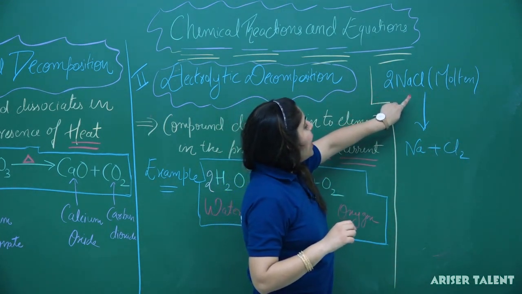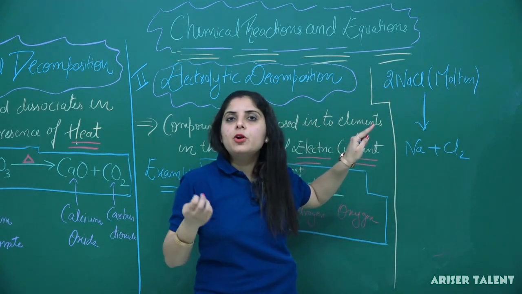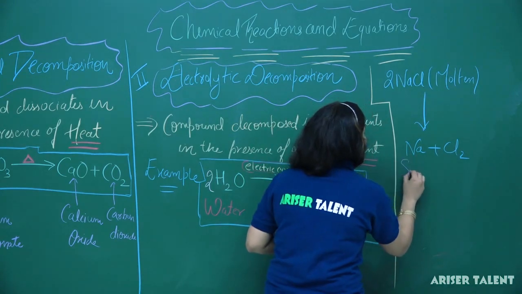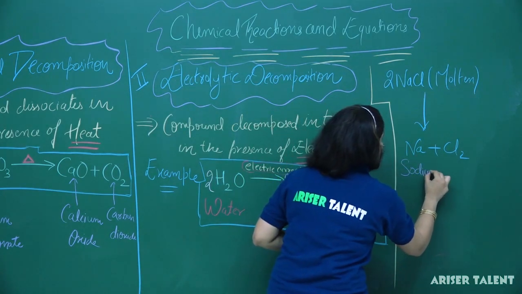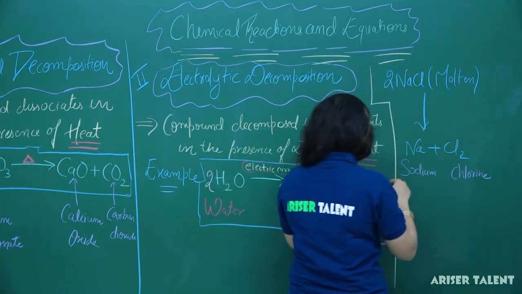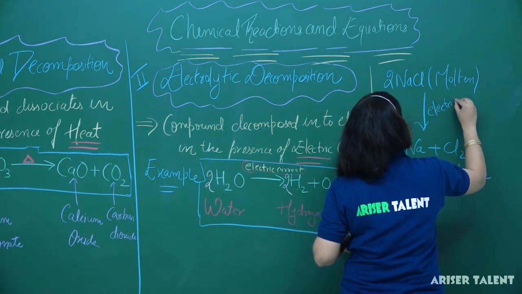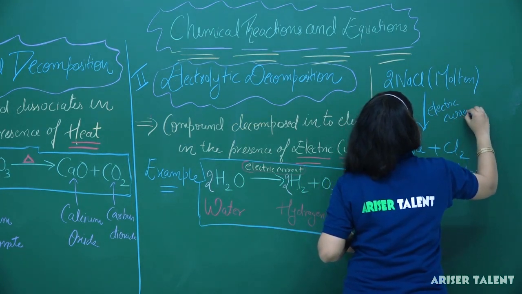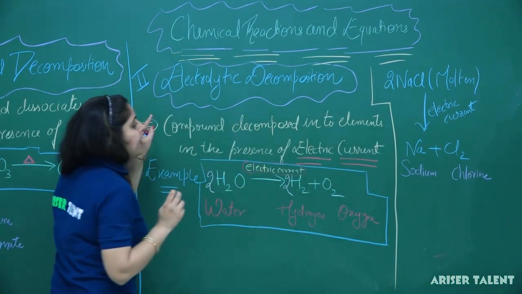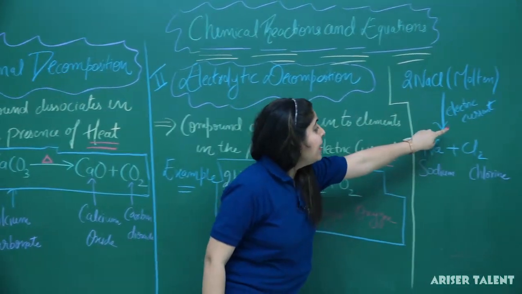So, what we have done is the dissociation of molten NaCl, and what we get is sodium and chlorine. So, here the products are sodium and chlorine. And we have passed electric current through it. So, this is another example of electrolytic decomposition, where the decomposition is done in the presence of electric current only.